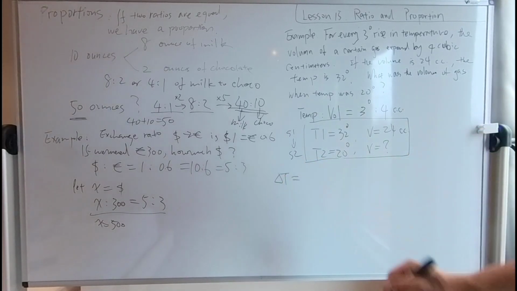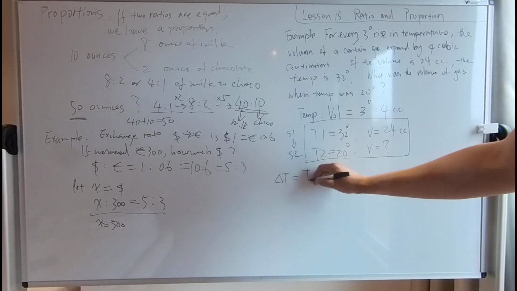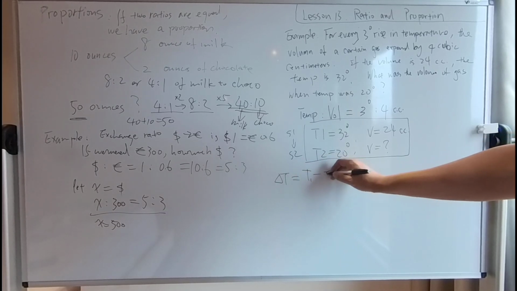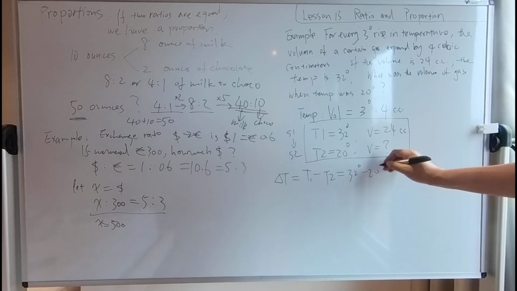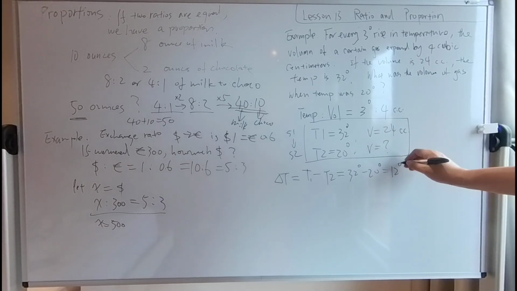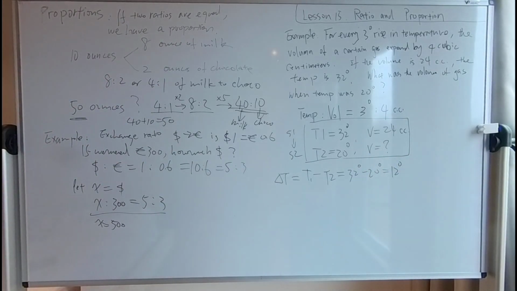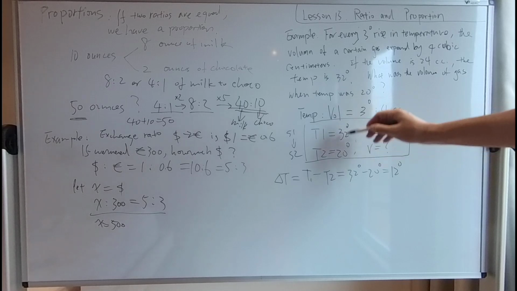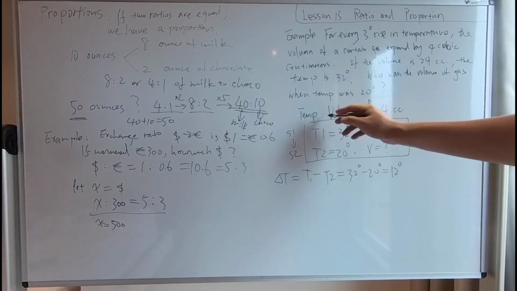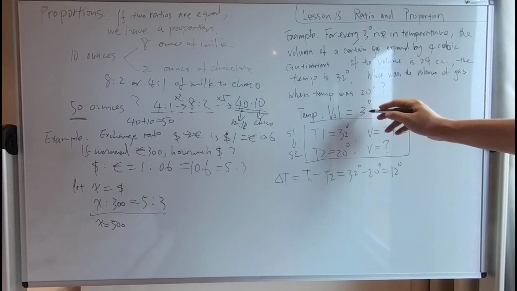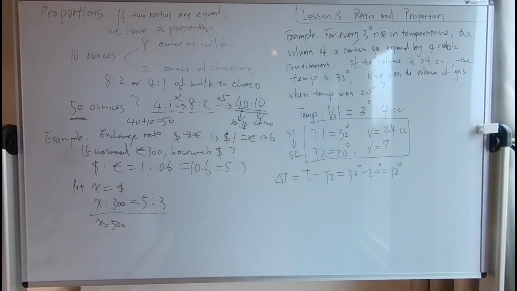Delta T, where the temperature change is from T1 to T2, that is 32 degrees minus 20 degrees, that's 12 degrees. So at least I know that the temperature difference between these two is 12 degrees. Then if I know the temperature change, every 3 degrees will cause a 4 cubic centimeter volume change.